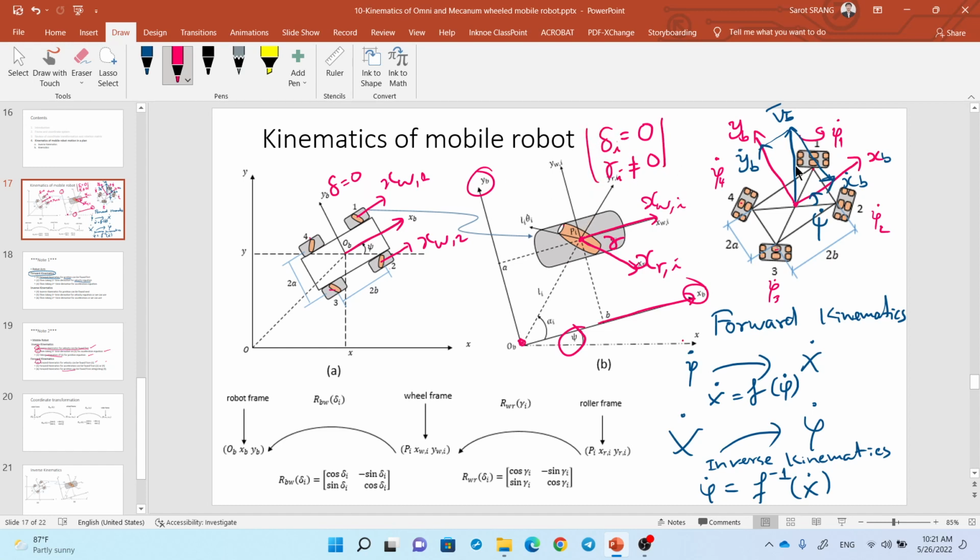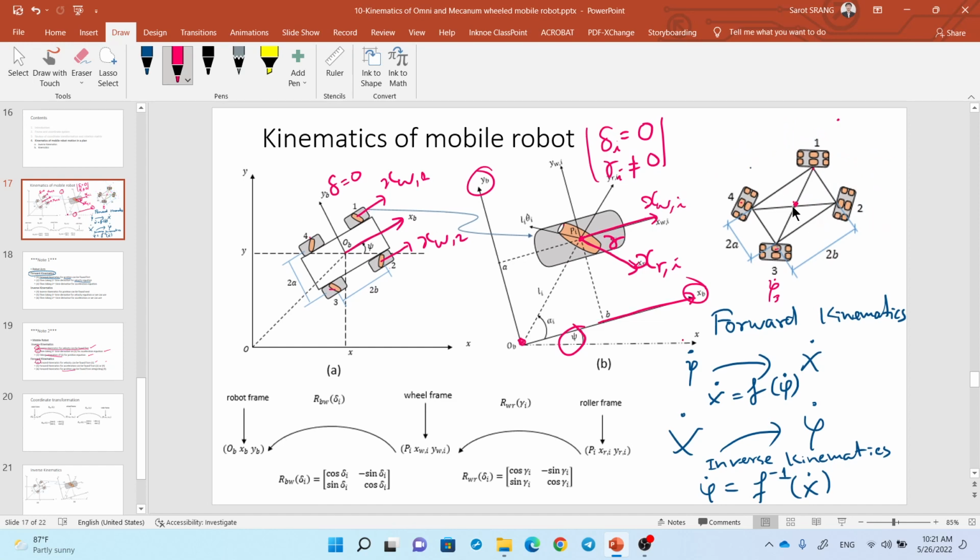How about omni wheel? For omni wheel, let's take a look at the axis of the wheel and the roller. So we have HB here, and then H wheel here.